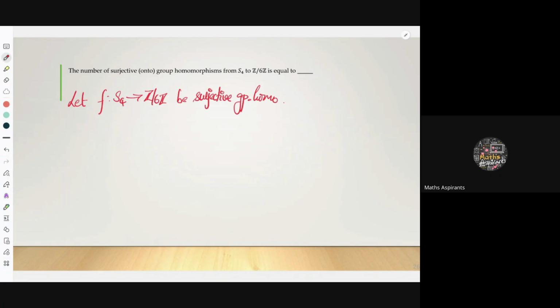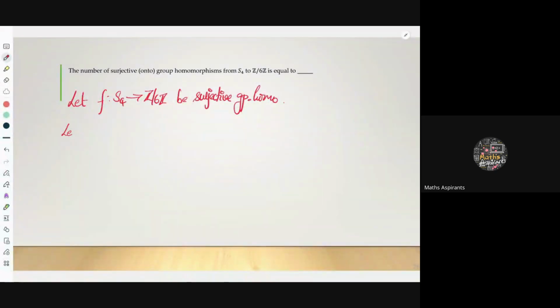So it is surjective. So what can we do if it's surjective? Surjective implies for every element in Z mod 6Z you have a pre-image. And whenever we look at cyclic groups, we always tend to look at its generators.